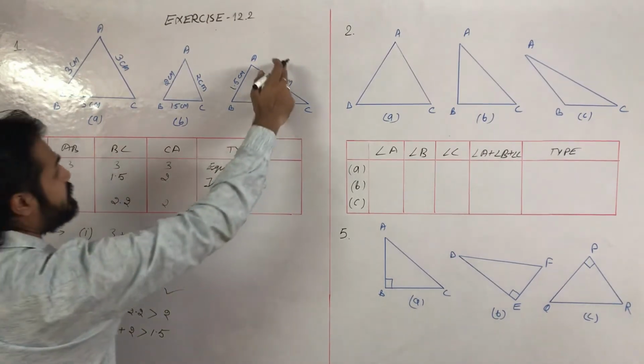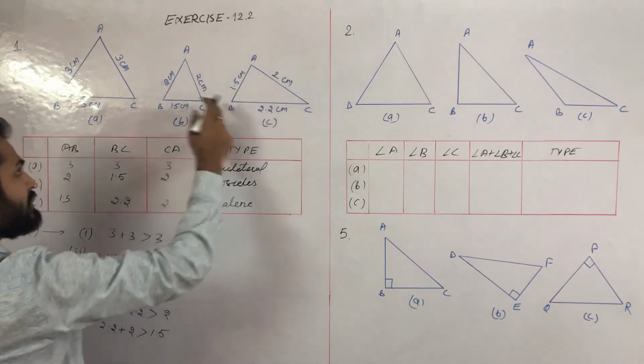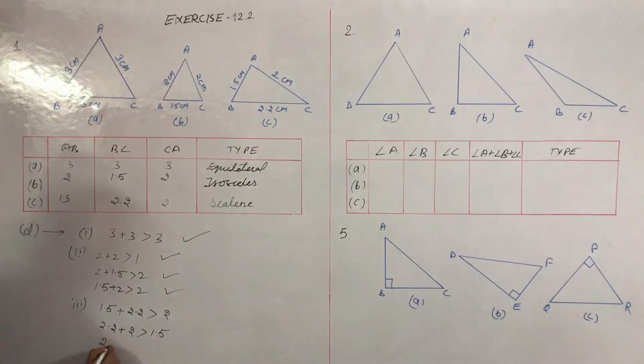And if we consider AC as the first side and BC as the second side, 2 plus 1.5 is 3.5 and is greater than 2.5. So here is the verification. All three triangles are valid and possible triangles.